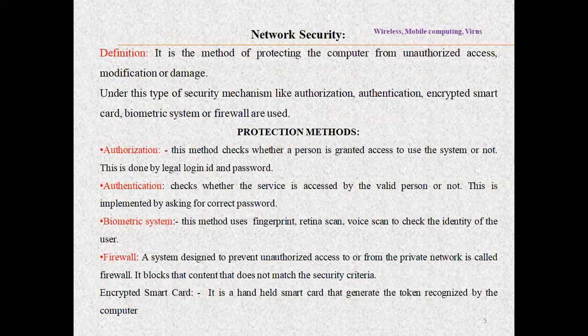Next is network security. What do you mean by network security? It is the method of protecting the computer from unauthorized access, modification, or damage. Unauthorized access means without anybody's permission.